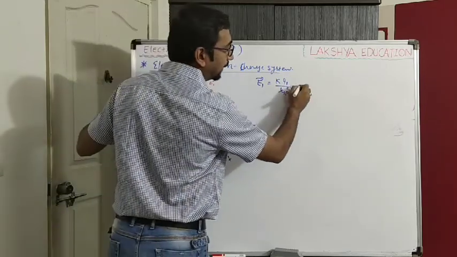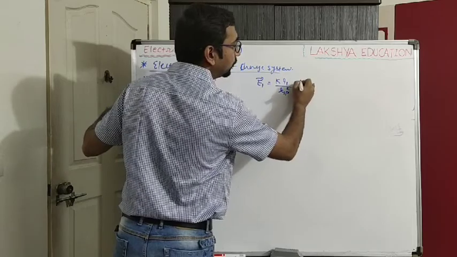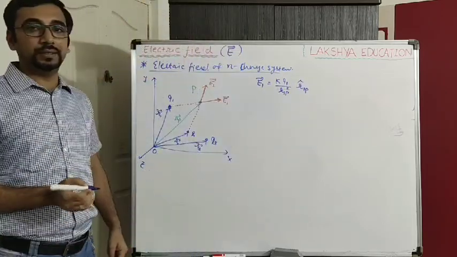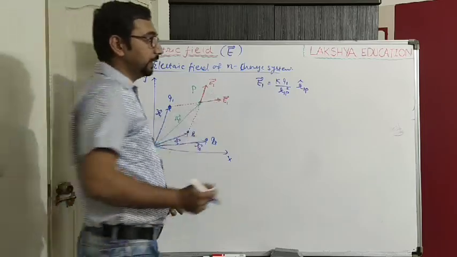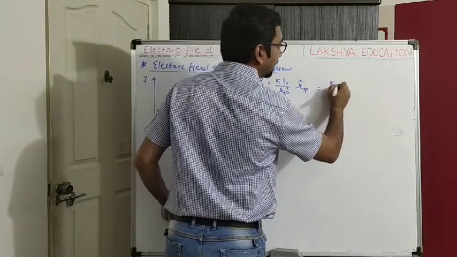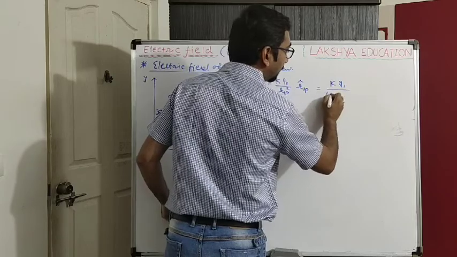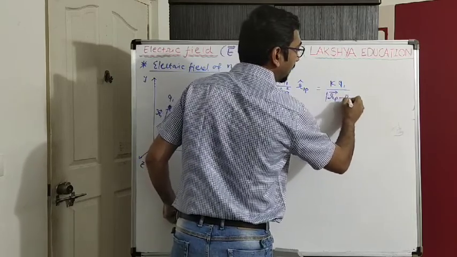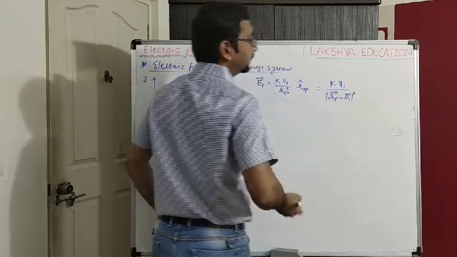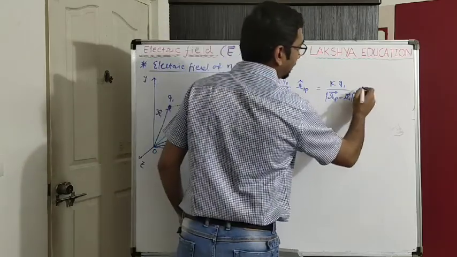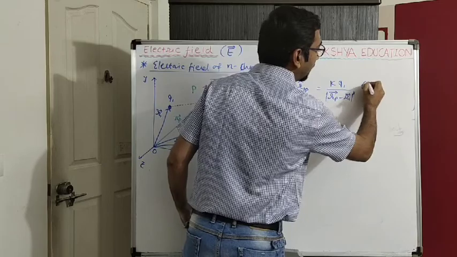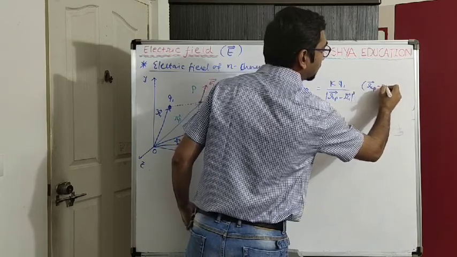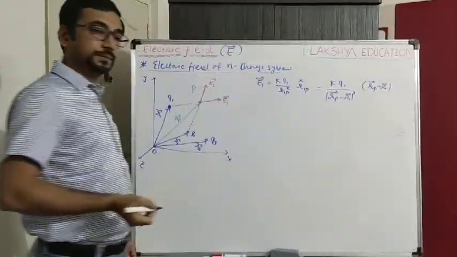To show the direction, we are taking the unit vector R1P caret here, which is in this particular direction. So this can be written as K Q1 upon the magnitude of Rp vector minus R1 vector squared, or we can write cube in terms of vectors, into Rp minus R1 vector.